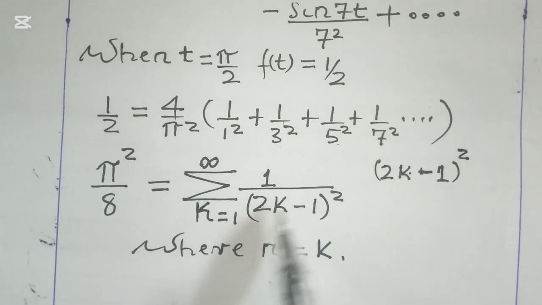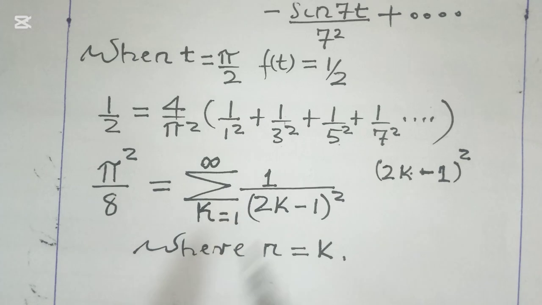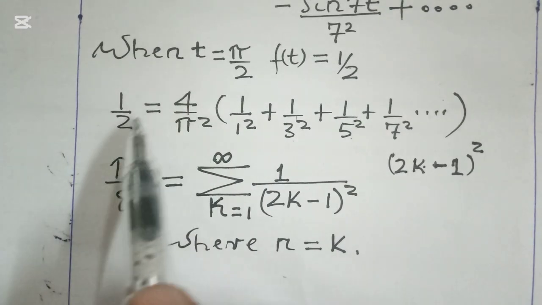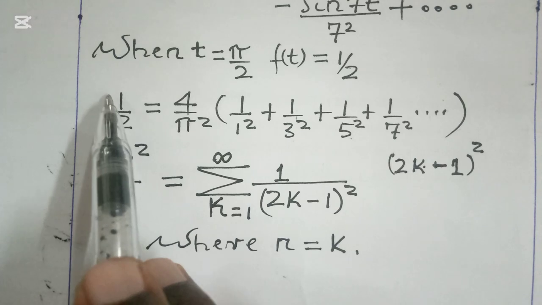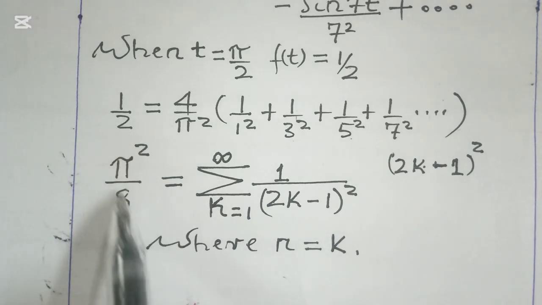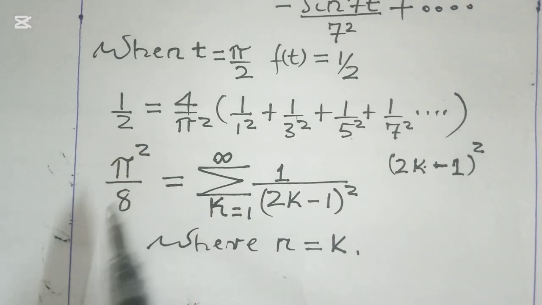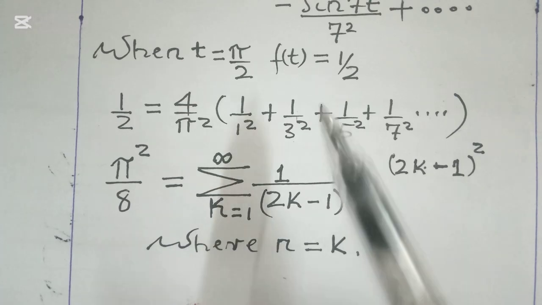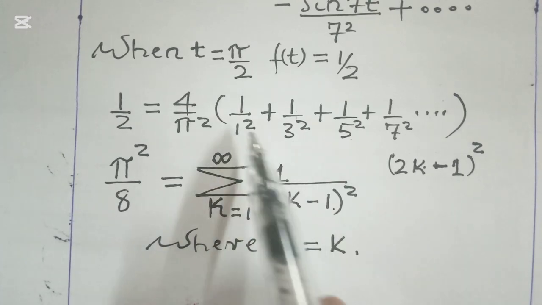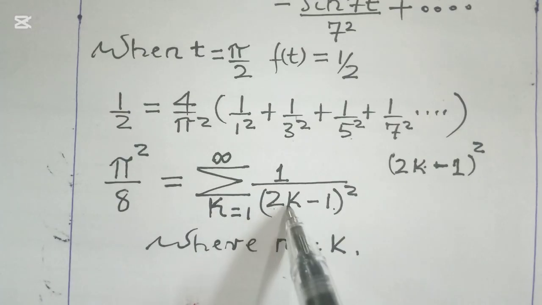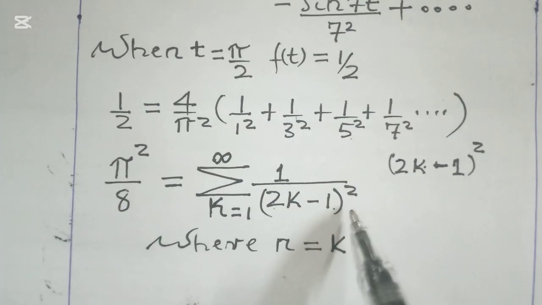So that's what we are putting here. And this 4 will multiply to come 8. This pi squared will come to this. Then you get pi squared, and this one you get 8. So if you put 1 here, you find 2 minus 1 is 1. If you put 2, that is 4 minus 1, which is 3 squared.